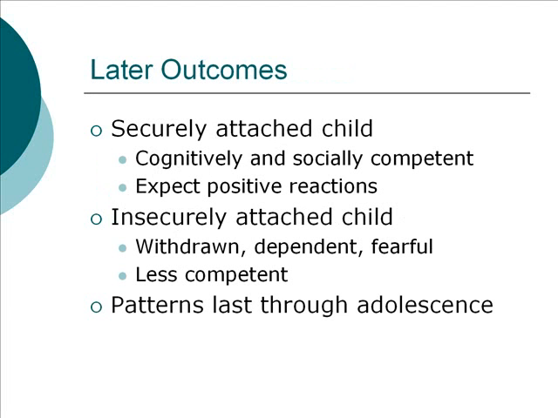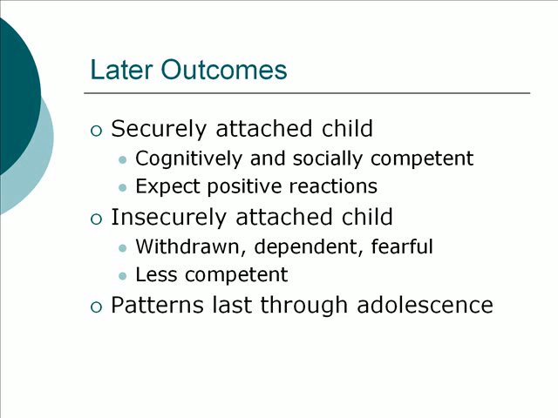Securely attached children, which I've already kind of reviewed, are cognitively and socially competent, and expect positive reactions. And that gets back at how the attachment formed in the very first place that I talked about earlier. If you have positive ongoing interactions between a child and the caregiver, a secure attachment is very likely to result.